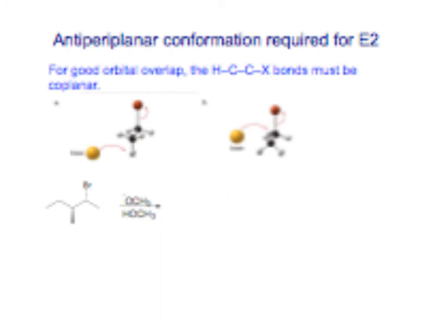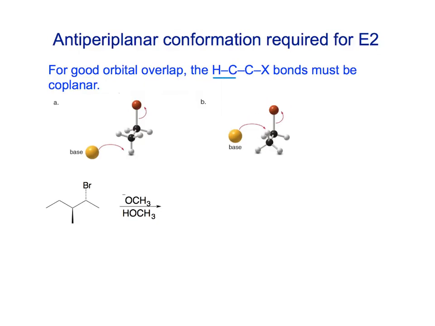In order for an E2 elimination to take place, the orbitals forming the bonds must be able to align or to overlap. The only way that this is possible is when the hydrogen-carbon-carbon leaving group bonds are coplanar, which means that they're all in the same plane.